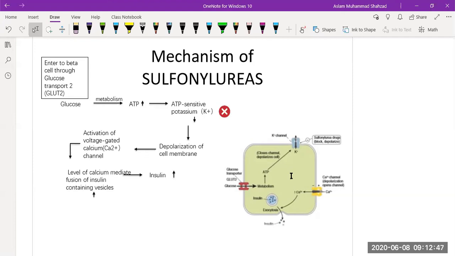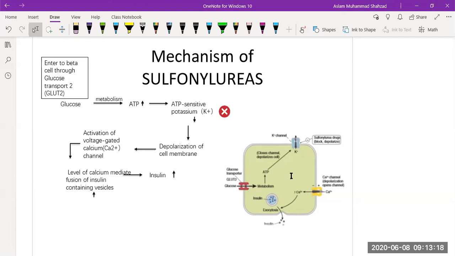So the main thing is that there are two processes going on at one time. One is the increase of ATP production through metabolism, with the help of glucose transporter 2, GLUT2. In the second stage, potassium channels close, and that is explained in terms of the depolarization of the cell membrane.